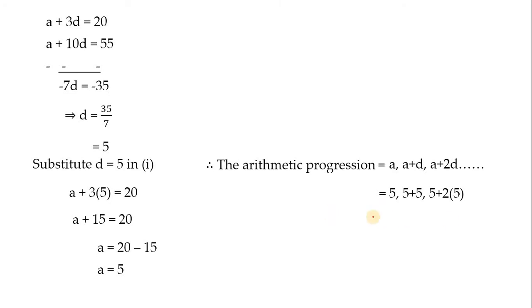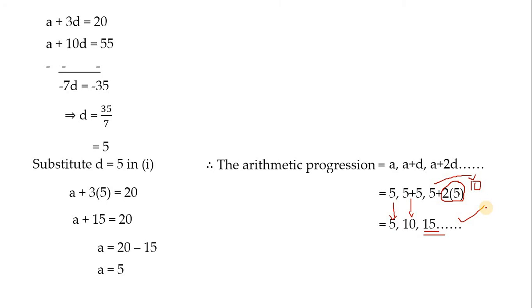Now if you simplify this, the first term 5 is as it is, 5 plus 5 is 10. Now 5 you add to 10, we get 15. So this is the required arithmetic progression.